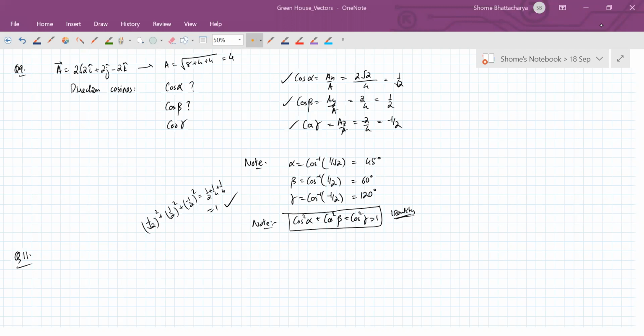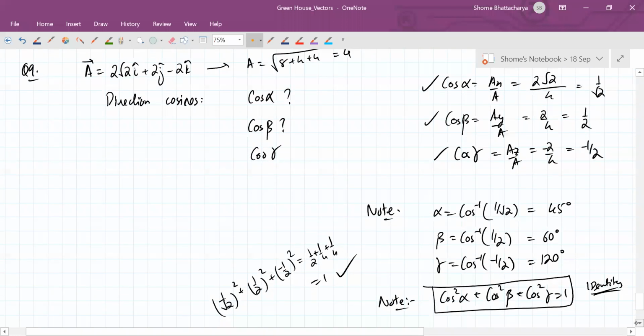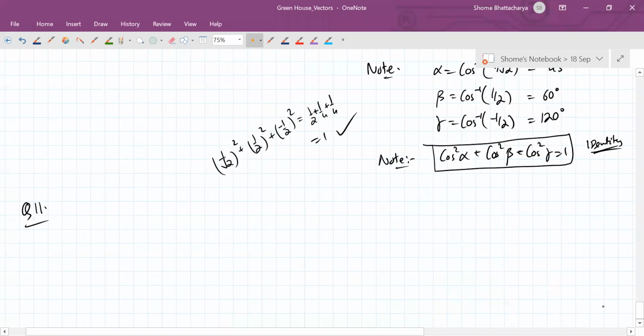Question 11 is like a reverse question. The direction cosines are given to us and the magnitude of the vector is given to us. From that we have to find the components and express it. Okay. So the direction cosines are given like this. Cos alpha is 3 by 13. Cos beta is 4 by 13.